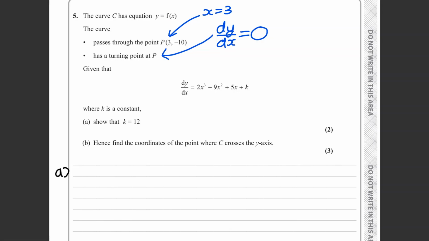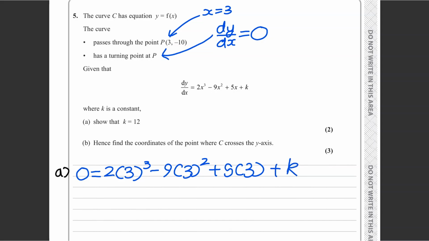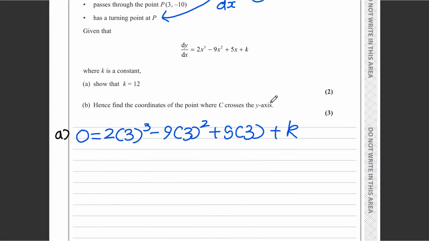So therefore what we can do is sub in x is equal to 3 for these x coordinates here, and equate this to 0, because dy over dx is equal to 0 where x is equal to 3, and we can rearrange in order to find k. So what we can say is that dy over dx, which is 0, is equal to 2, and then instead of x here we have 3, so it's going to be 3 cubed, and then minus 9 times 3 squared plus 5 times 3 plus k. And then let's rearrange in order to find k.